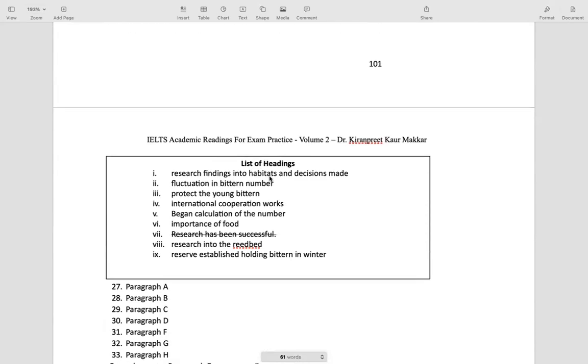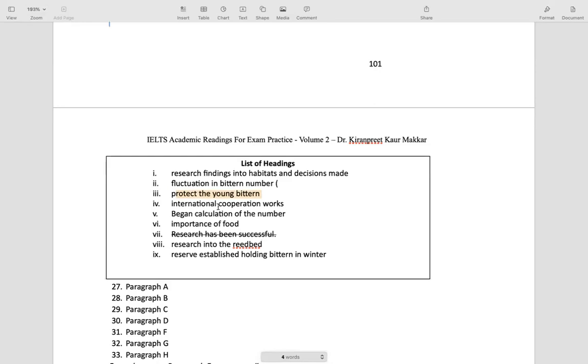Research findings into habitats and decision makers. I don't think we have done any research yet. No. Fluctuation in the bittern number. Yes, it does make sense. Yes, there is a fluctuation from extinct to peak, then back again. Protect the young bittern. There is something about protection, but there's little information. So I don't think that can be the heading of the paragraph.